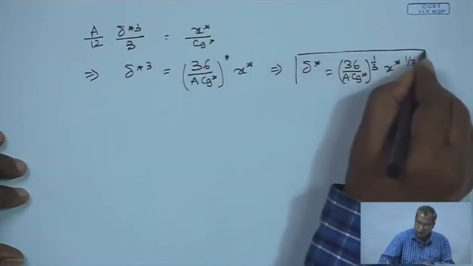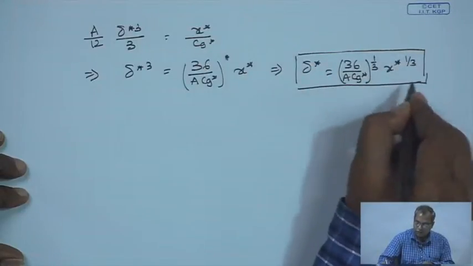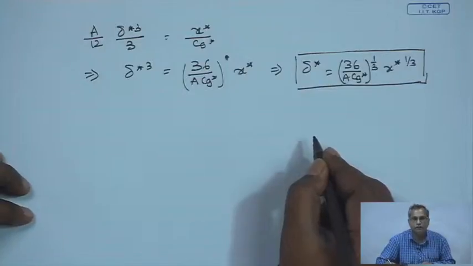That is how the delta star, the mass transfer boundary layer, is varying as a function of x star.